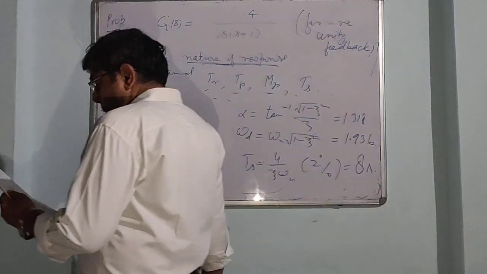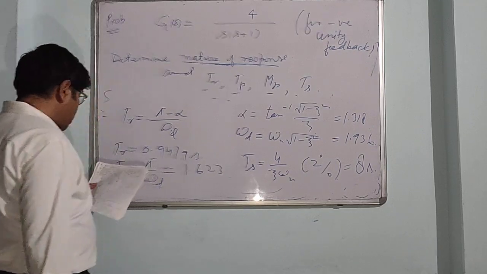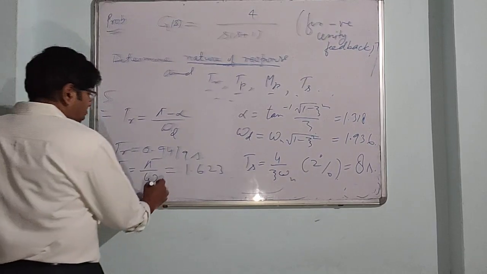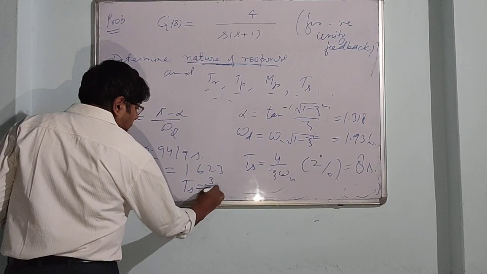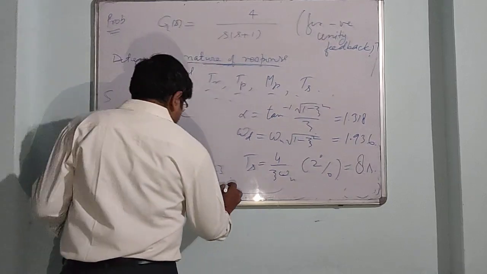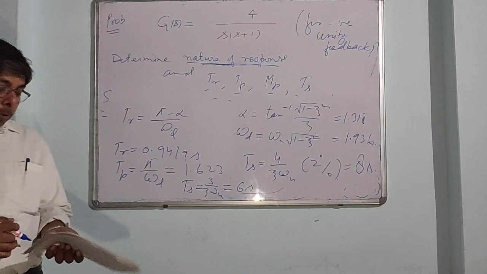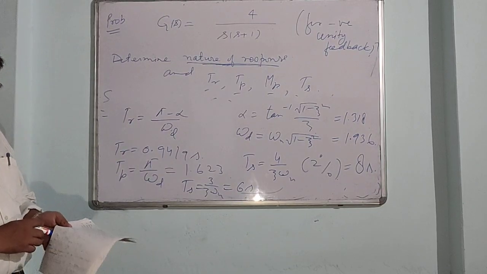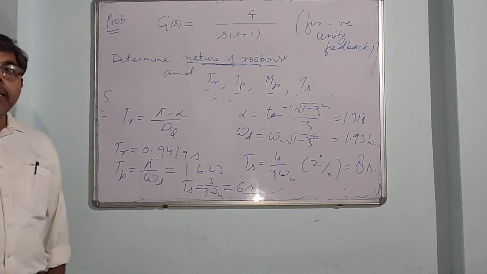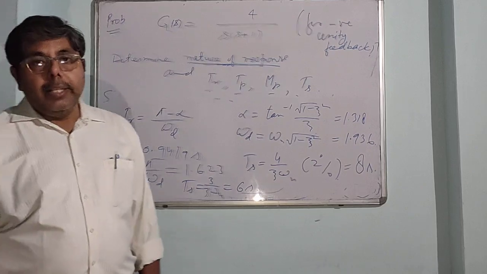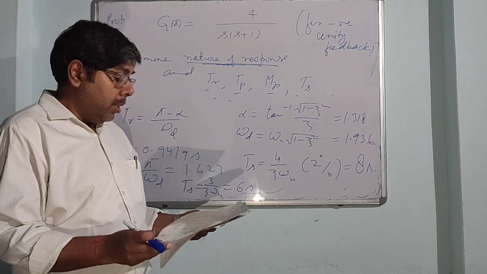Similarly, you can also calculate settling time for 5%, that is 3 upon zeta omega n. This comes out to be 6 seconds. So these parameters can be calculated by using the expressions of rise time, peak time, and settling time. So one last problem here for today.